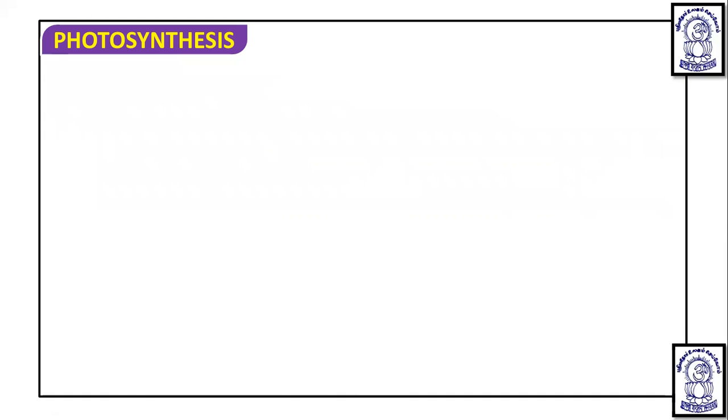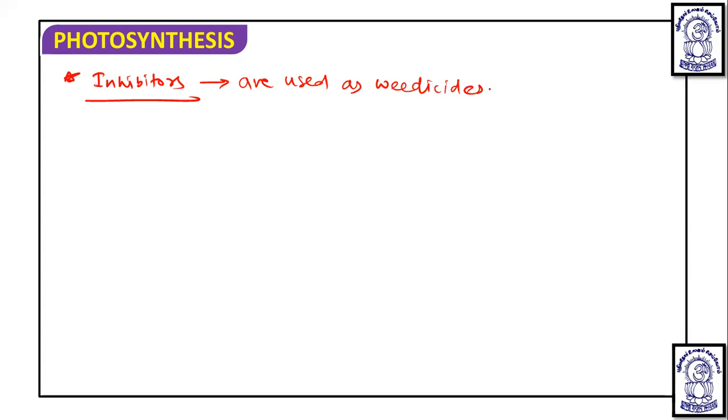Now, after this, we have to remember some inhibitors. At last, we are going to talk about some inhibitors, and these inhibitors are used as weedicides or herbicides to remove the weeds.